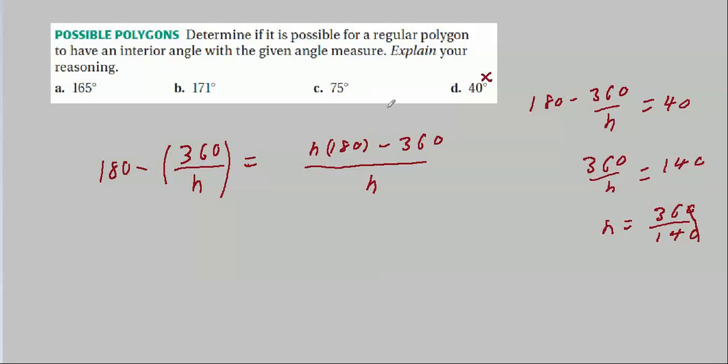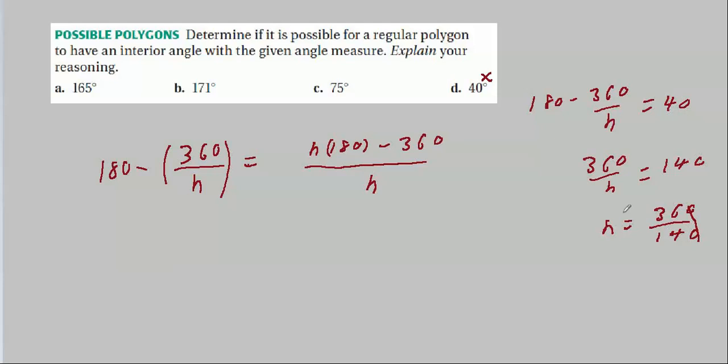Suppose we do the same thing with 75. Well, we can still follow the same form. If this was 75, we subtract 75 from 180, put it over here, and we would end up with this equation, except that this number here would have to be 180 minus 75. And then we'd have n is 360 over 180 minus 75.